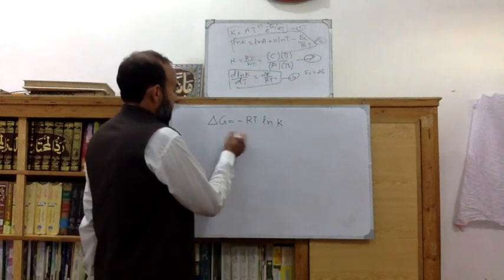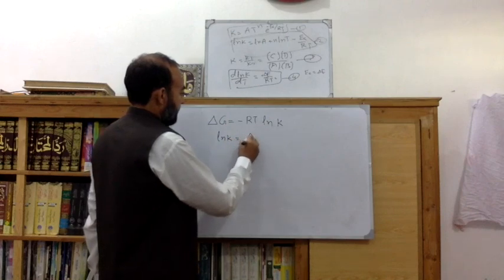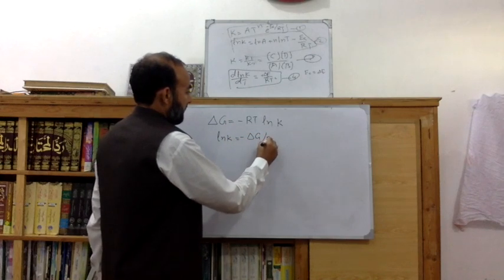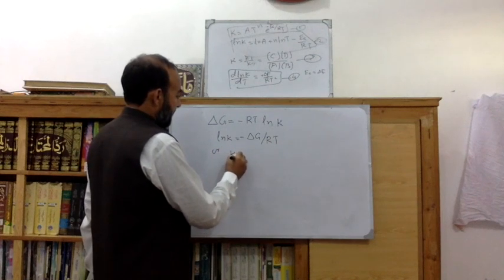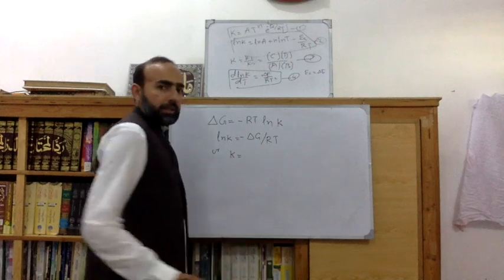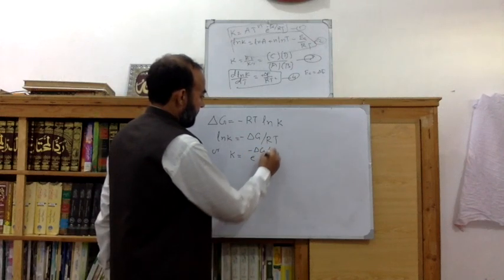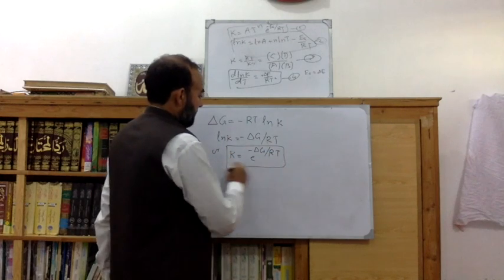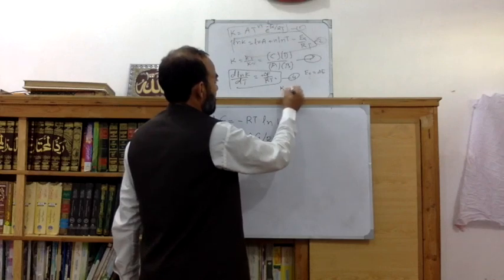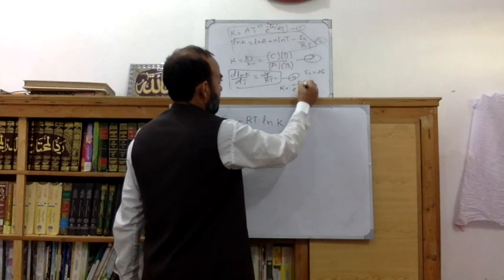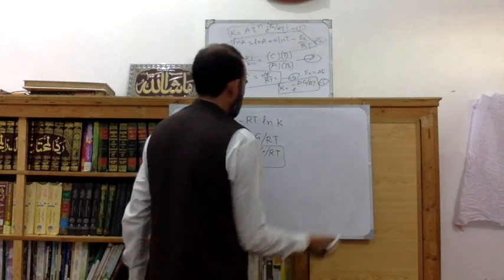Rearranging this, log K is equal to minus del G over RT, or taking the exponential, K is equal to e raised to minus del G over RT. So we have one equation: the equilibrium constant is equal to e raised to minus del G over RT. This is equation 5.